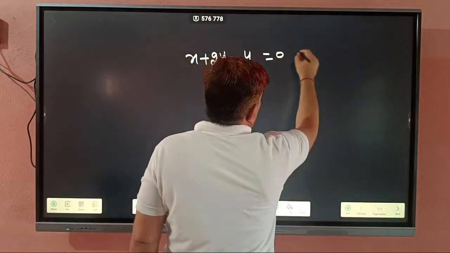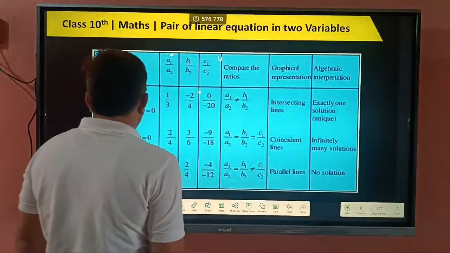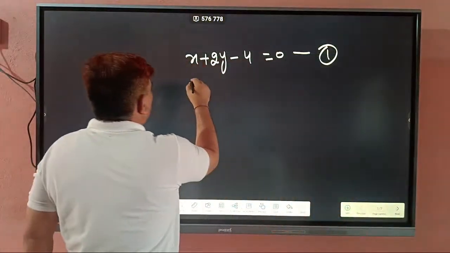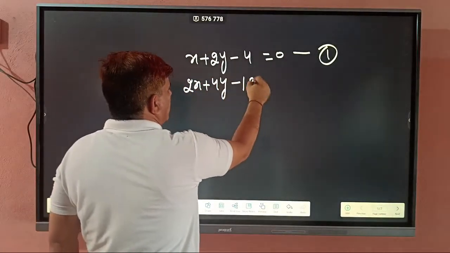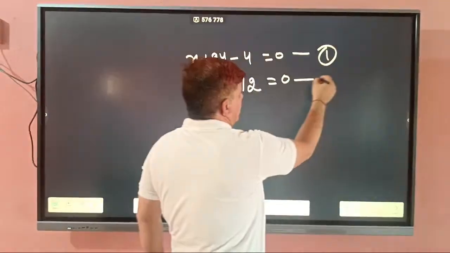This is equation number 1. Number 2 is 2x plus 4y minus 12 equal to 0. This is equation number 2.